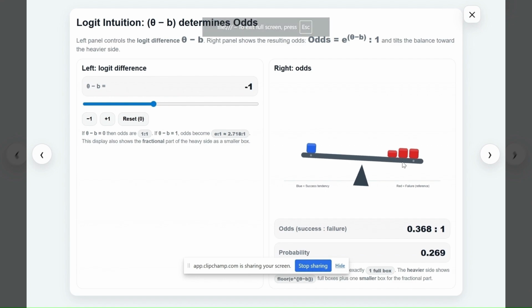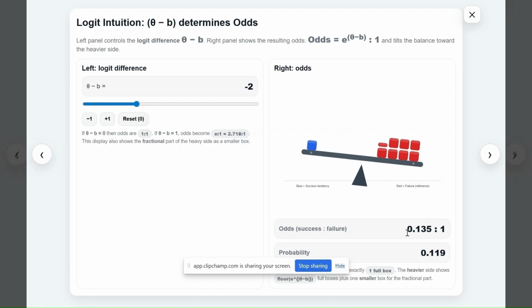What happens is that the odds of failure will increase by 2.7, and the odds of success will decrease to about a third. It will be 1 over e. If it's -2, it will be 1 over e squared, which means 1 over 7.3. That's the odds of success.